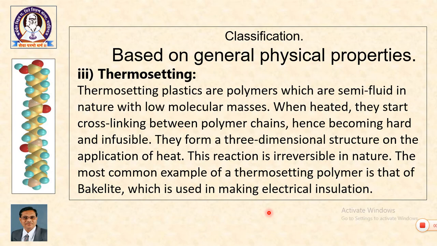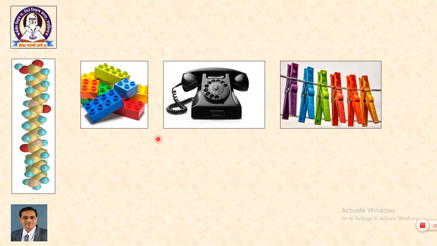As they become hard and infusible, they form a three-dimensional structure on the application of heat, and this reaction is irreversible. You cannot remold thermosetting polymers, and therefore, the most common example to understand this is bakelite, which is used in electrical appliances and several applications. So, these are the examples of thermosetting material which after heating get a particular shape, but you cannot remold them.